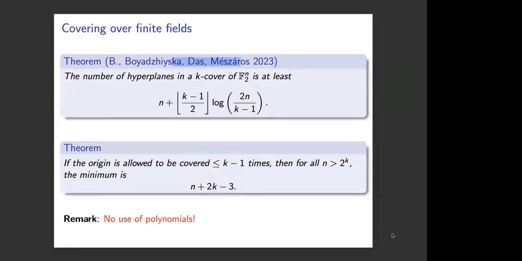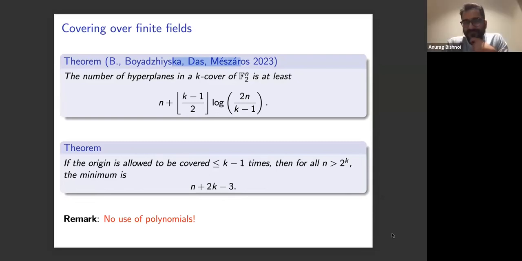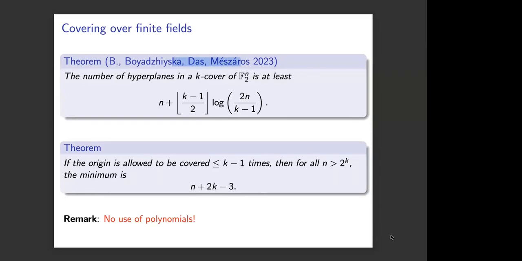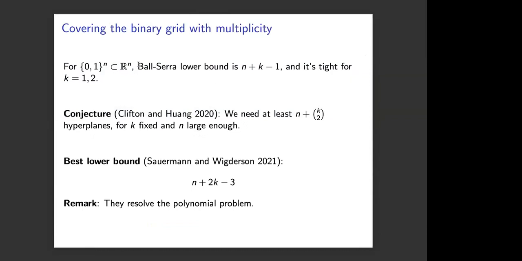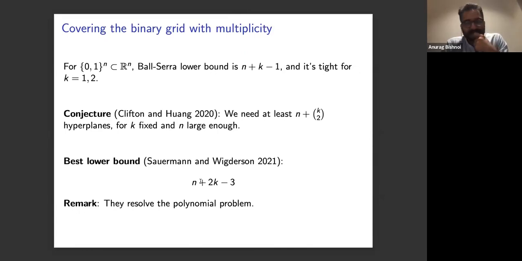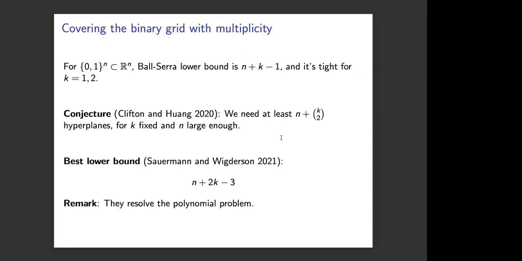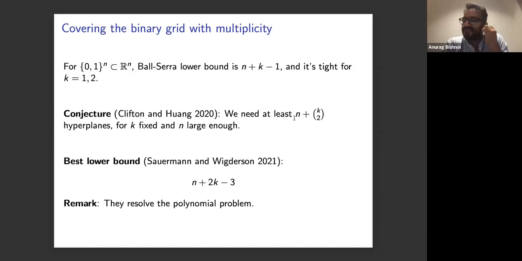I have another question. I guess for small n and k, you can work it out by computer. So what is the indication that the conjecture is correct, between the conjecture and the lower bound on this slide, for example? I think you need n to be at least twice k or something like that.